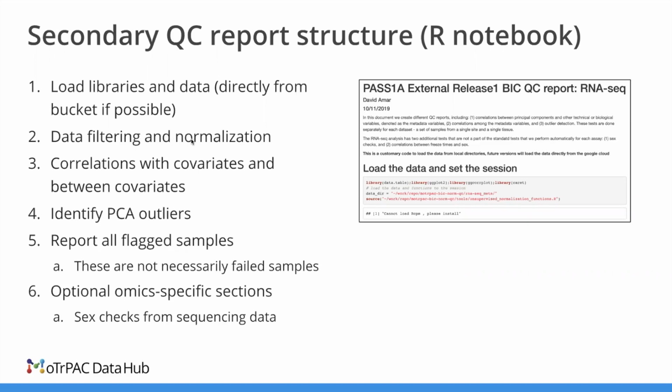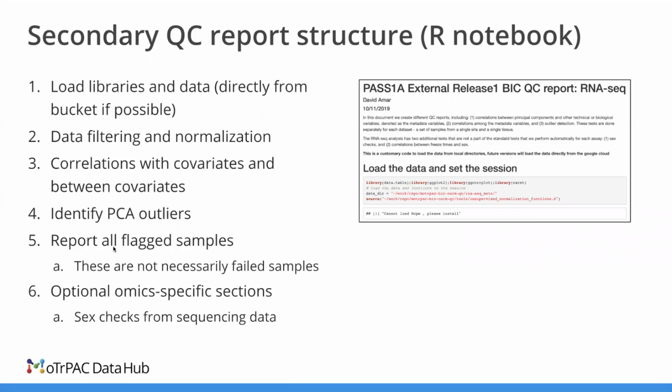But then these data, once normalized, are used to compute correlations and principal components. And then you can plot, for example, the PCA of each data set and check whether the principal components are correlated with technical or biological variables. We also flag samples in the PCA plots.